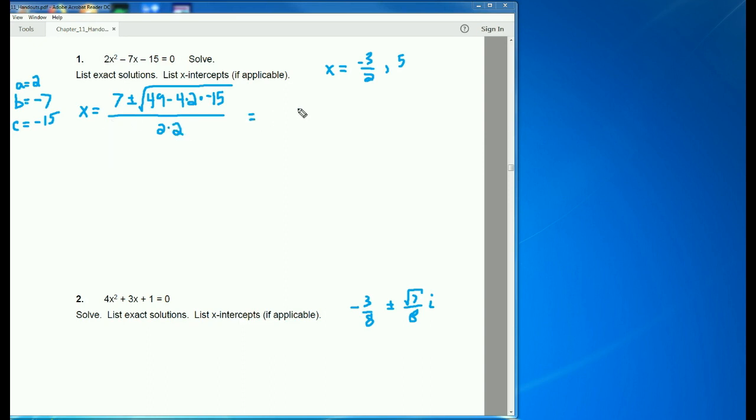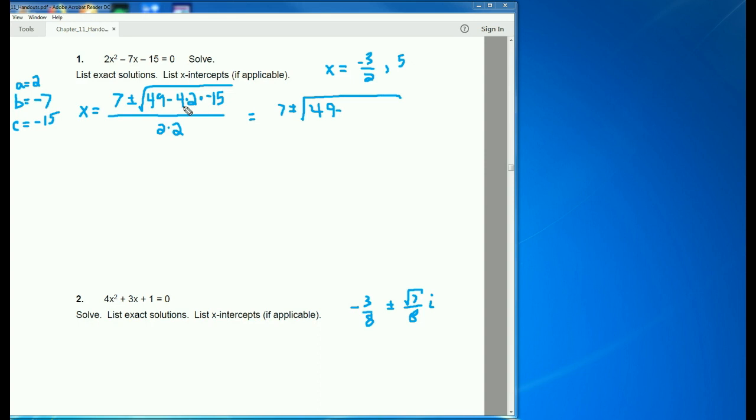All right, so 7 plus or minus the square root of 49 minus, okay, let's see, -15 times 2 is -30.